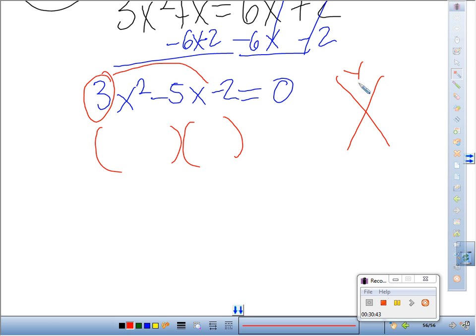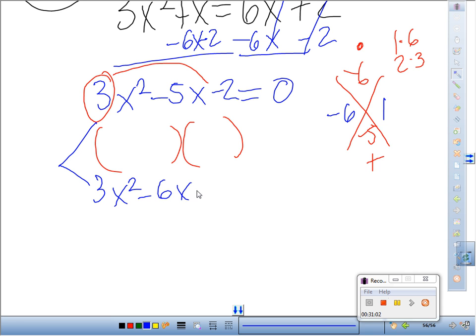That gives me negative 6 and negative 5. What factors of negative 6 add or subtract to give me negative 5? Let's see, 1 times 6 or 2 times 3? Negative 6, positive 1. Therefore, 3x squared minus 6x plus 1x minus 2.